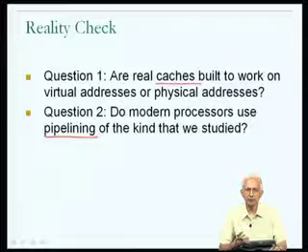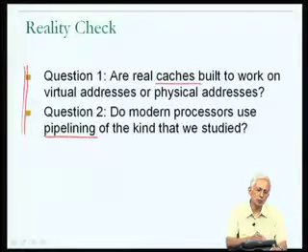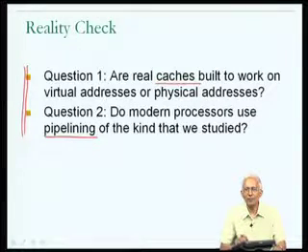The idea that the throughput with which instructions could be executed could be substantially improved rather than trying to make the amount of time that it takes to execute a single instruction as fast as possible. Right now, just to bring us up to some more recent developments in computer architecture, I wanted to talk about two questions to give some minor corrections to some of our perspective on some of these things.